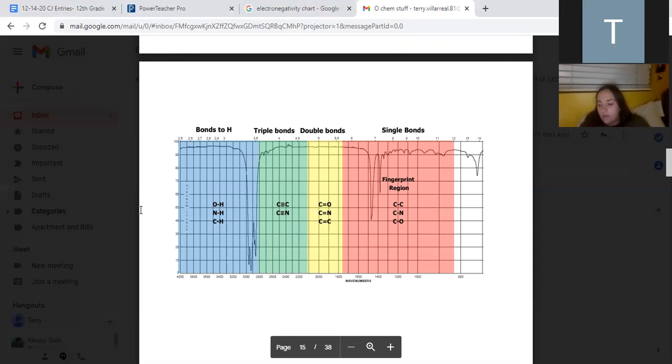But again, there are so many values you can find on an IR table, and it's very easy to get blinded or confused by everything. You don't want to do that. You just want to pull out what you need to know.